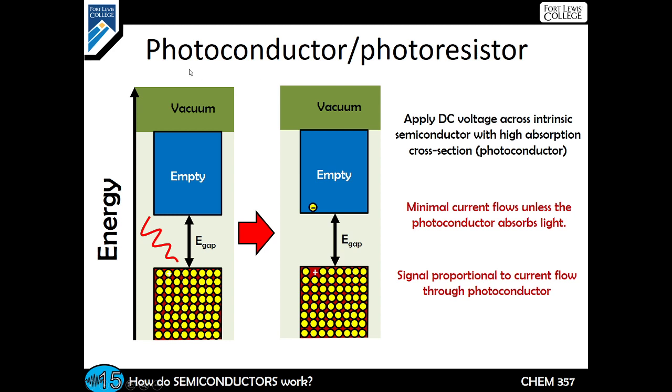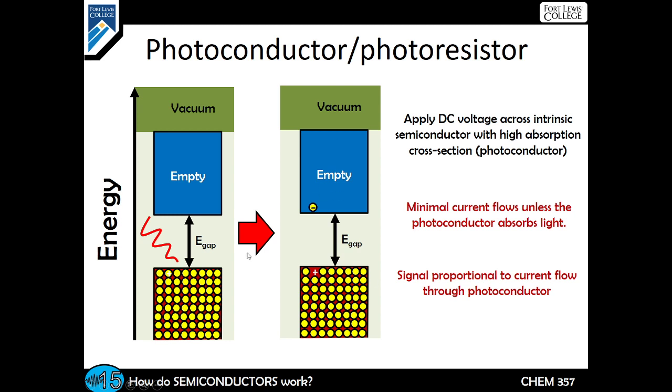There are various photoactive semiconductors that, instead of relying on some sort of electrical potential to push you over the band gap, use the energy from light to excite electrons from the valence band to the conducting band here.